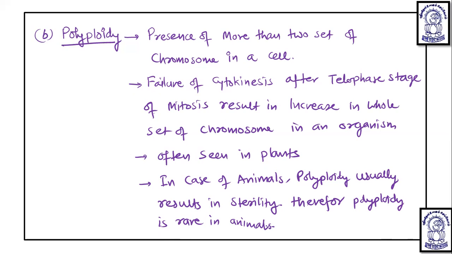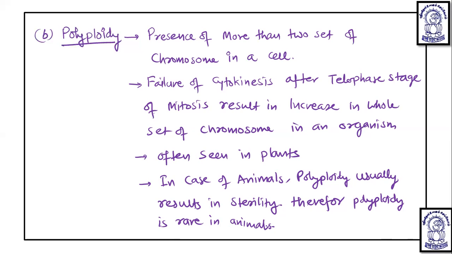Increase in the whole set means, suppose a diploid cell is converted into tetraploid 4n, then it is polyploidy. If a 3n is converted into 4n, then it is polyploidy. Because after nuclear division or karyokinesis, cytokinesis is not going to occur, chromosomes get increased in the one cell itself. So because of this, it is polyploidy.